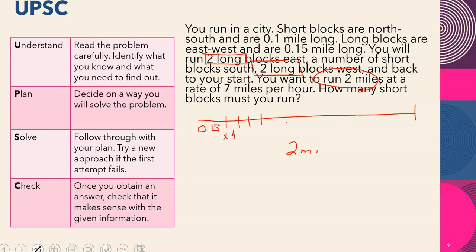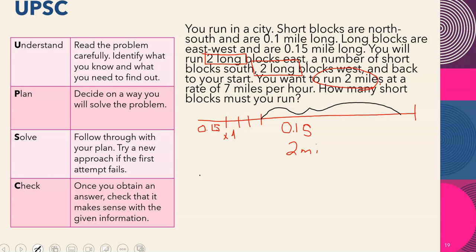What else we need in order to achieve our 2 miles is a certain number of shorter blocks, knowing that each short block is a tenth of a mile. And what we don't know is how many short blocks, so let's just use S for short. This missing portion of our little timeline represents how many short blocks.